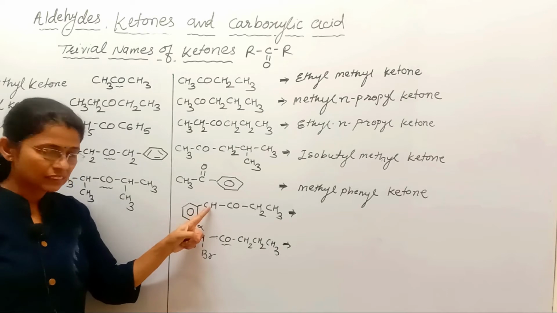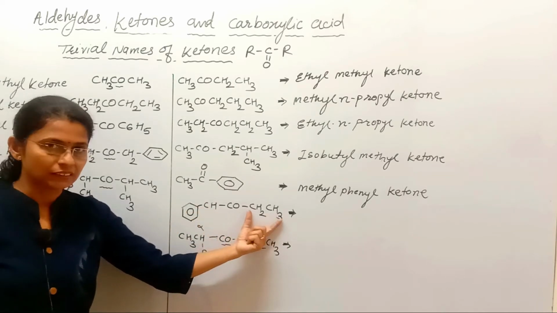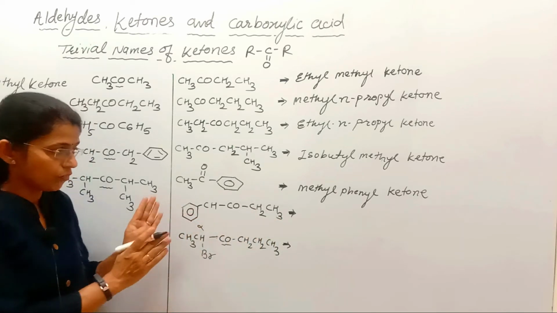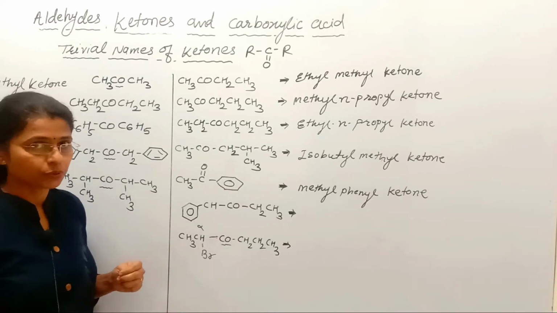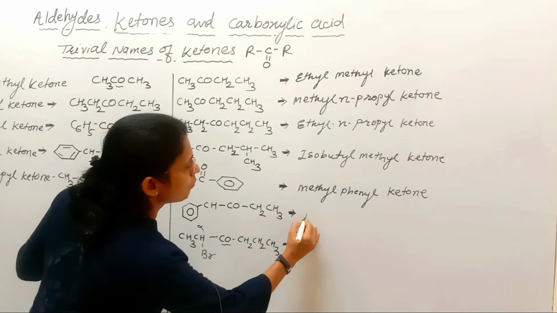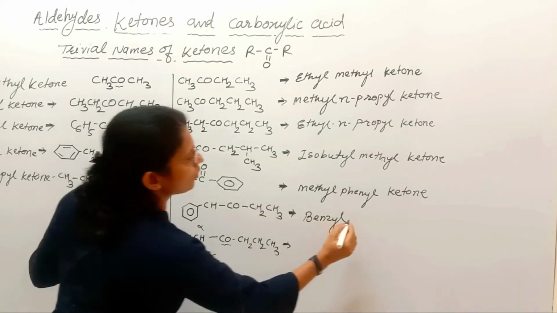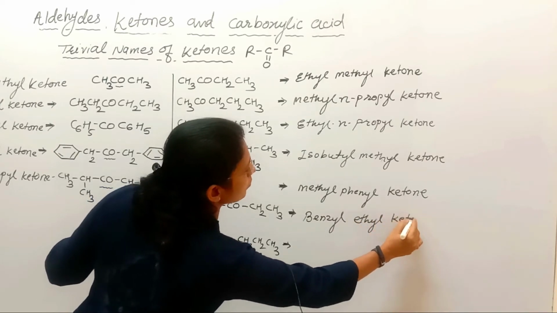A phenyl ring with CH2 is benzyl, and this is ethyl. Alphabetically benzyl comes first. So alphabetical order of alkyl groups and then write the word ketone. So the name is benzyl ethyl ketone.